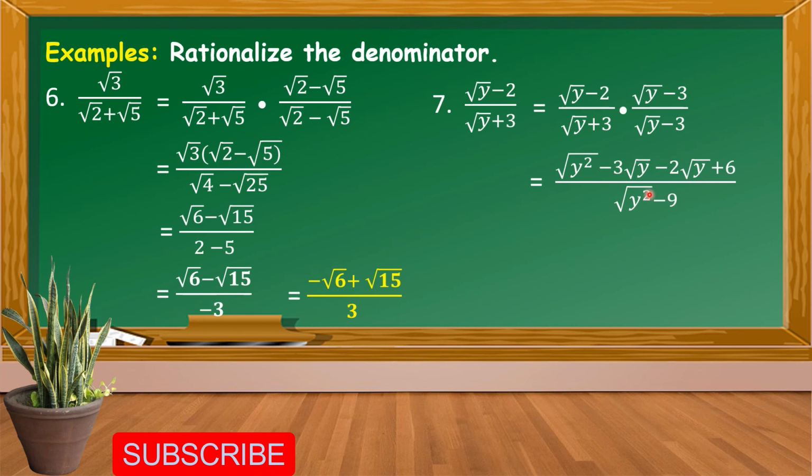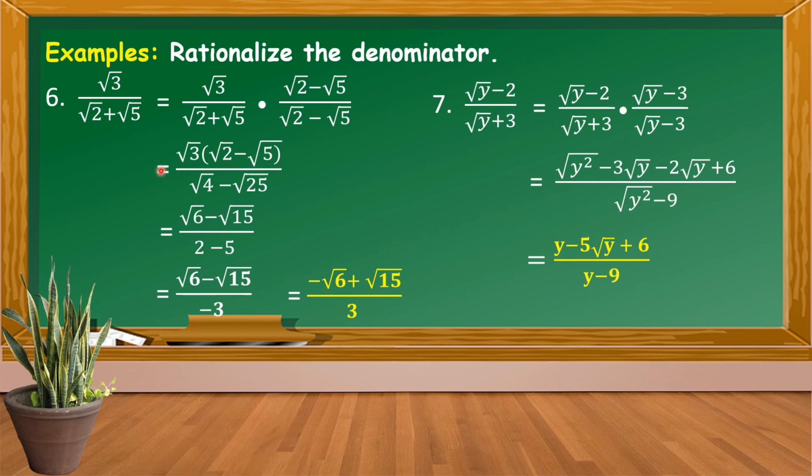Then, negative 3 minus negative 2, that is negative 5 square root of y, plus 6. And for the denominator, we have y minus 9. So, this is now our final answer. Nothing can be canceled or simplified anymore. Final answer na. So, that's all for division of radicals. Grade 9 students, good luck!